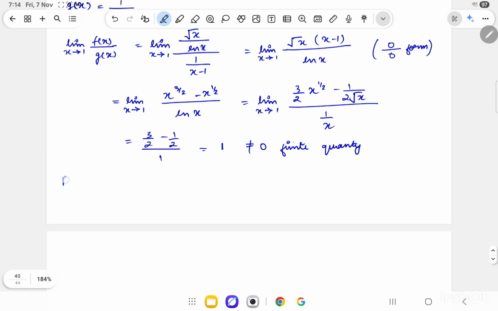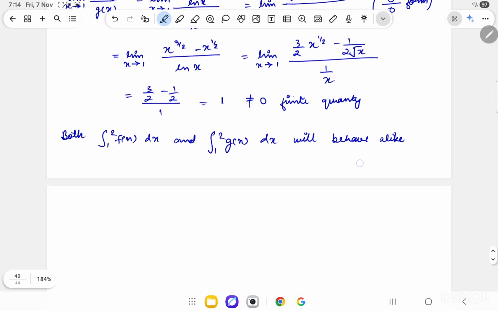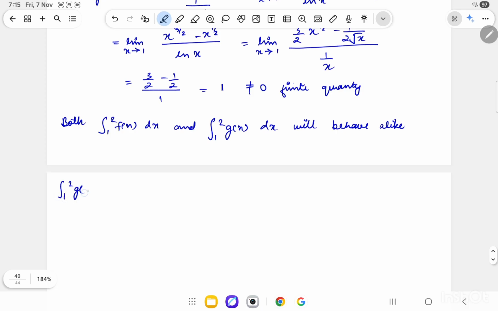So from here we can say that both integration 1 to 2 f(x) dx and integration 1 to 2 g(x) dx will behave alike. Now we need to check the behavior of integration 1 to 2 g(x) to comment about the convergence of integration f(x). Integration from 1 to 2 g(x) dx is equal to integration from 1 to 2 dx by x minus 1.